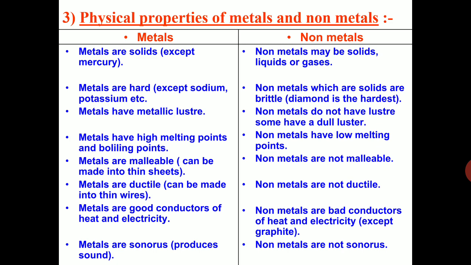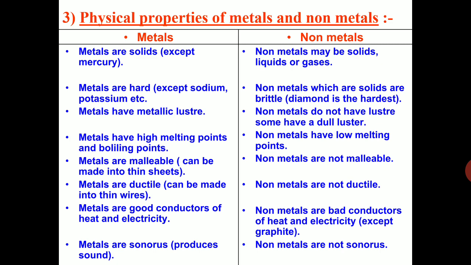Metals have metallic luster. Non-metals do not have luster. Metals have high melting points and boiling points. Non-metals have low melting points. Metals are malleable. The meaning of malleability you already learned, which can be beaten into thin sheets. But non-metals are not malleable.